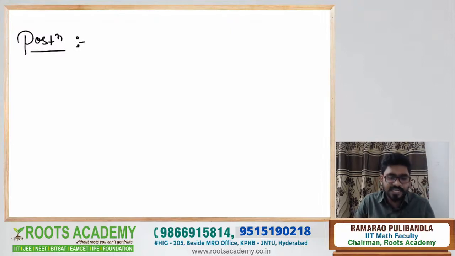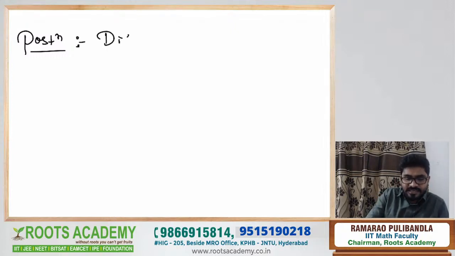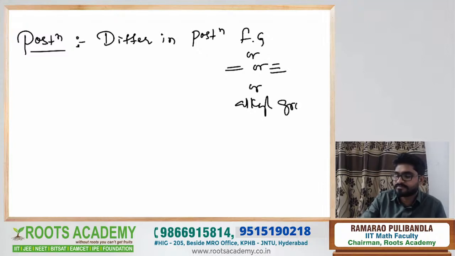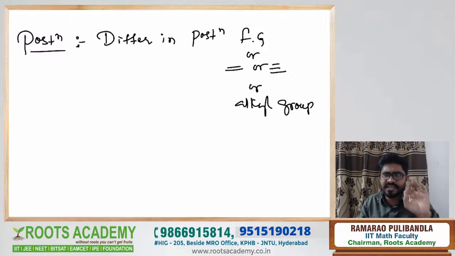They differ in the position of, maybe, a functional group, a double bond or triple bond, or any alkyl group or substituent. So just by seeing, we can identify by the position. That's what it is about.